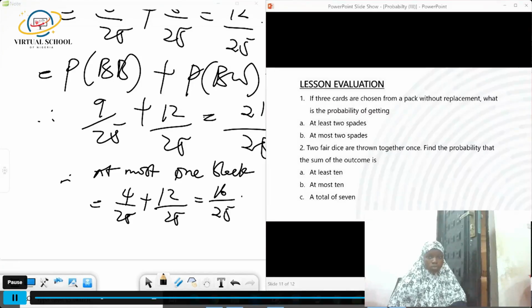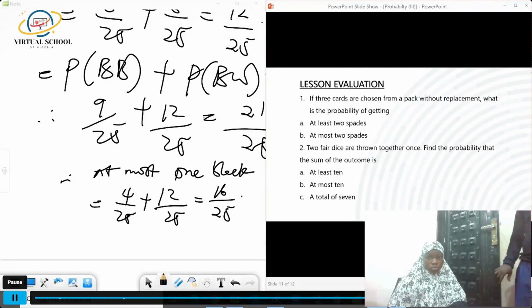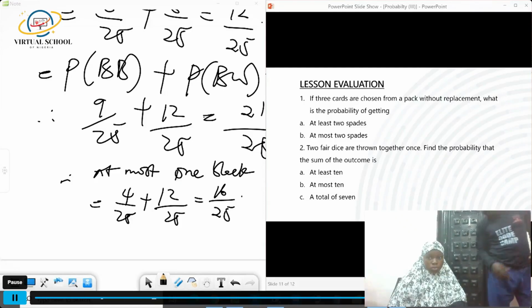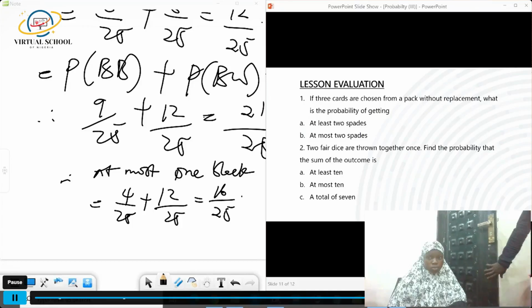Now, let's go over to the lesson evaluation. From the first question, it says, if 3 cards are chosen from a pack without replacement, what is the probability of getting at least 2 spades and at most 2 spades? Now, we can still use our tree diagram to represent this. You already know a standard deck of cards. How many do we have there?